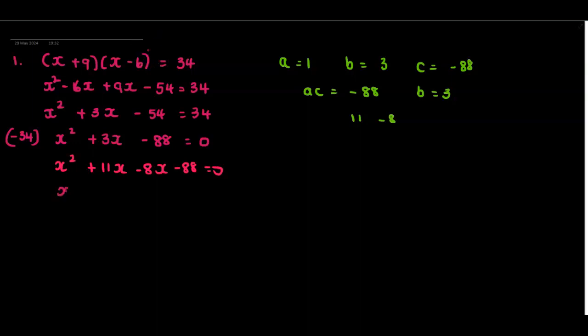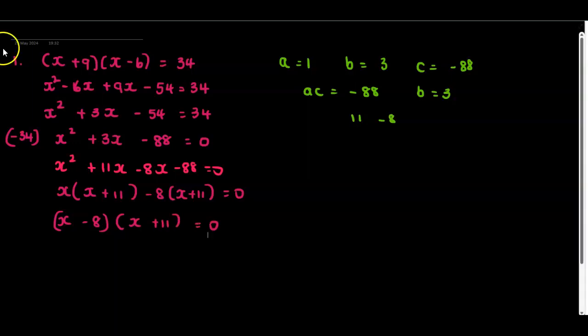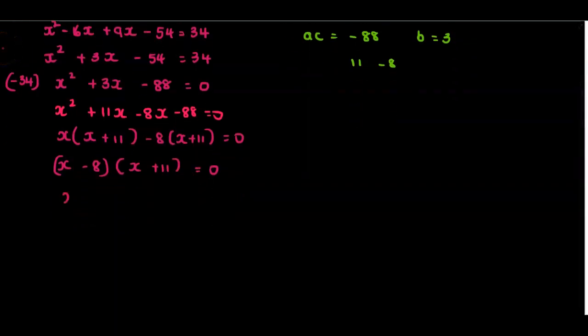And so we're going to factorize, so you're going to get x into x plus 11, and again bring across the x plus 11 here, and this becomes minus 8. So you're going to get x minus 8 into x plus 11 is equal to 0. So then x minus 8 is equal to 0, or x plus 11 is equal to 0. So you're going to get x is equal to 8, or x is equal to minus 11.